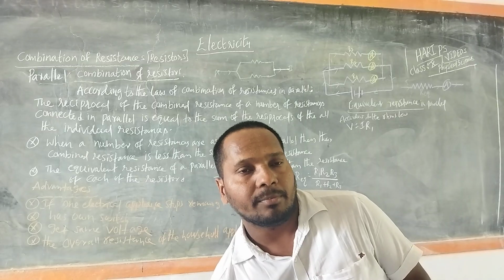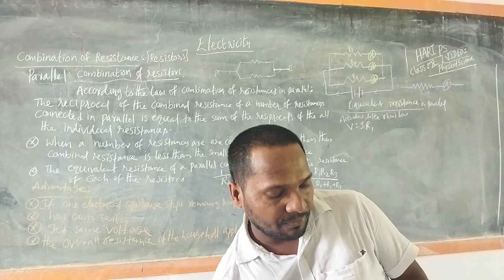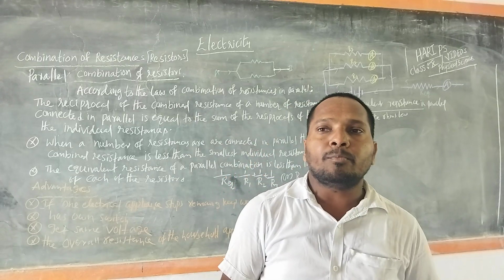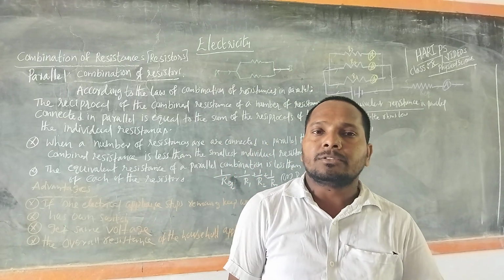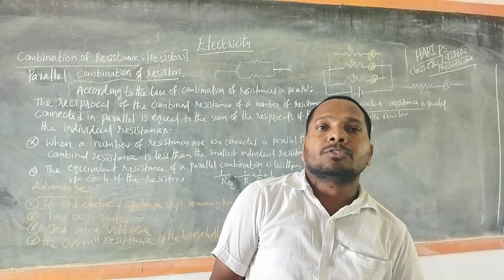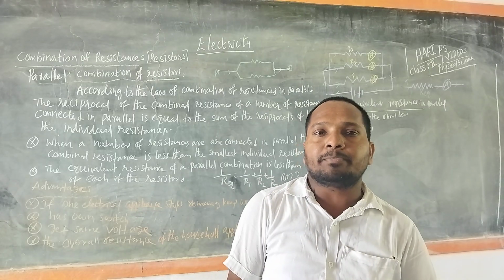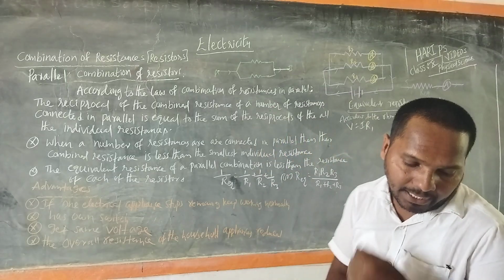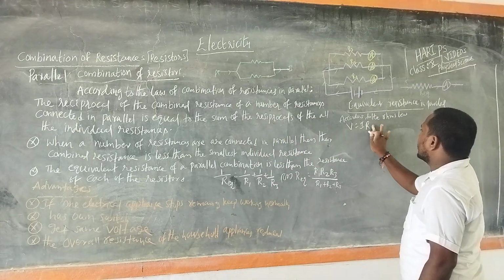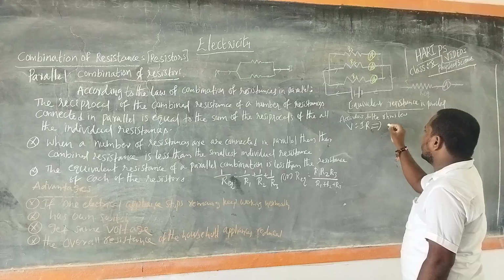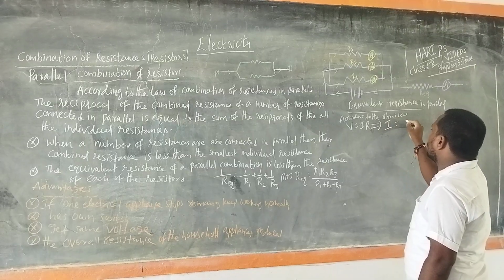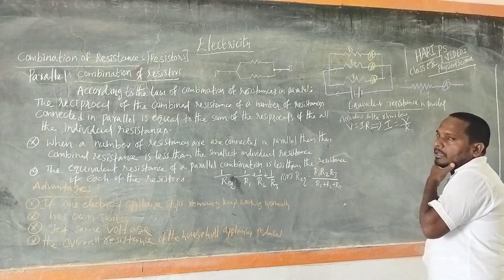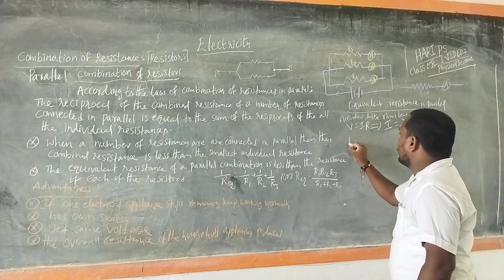Here, the current is different and the potential difference is the same. The same voltage is applied across all the resistances, so the amount of current passing through each is different. From Ohm's law, V is equal to IR, and from that we can write I is equal to V by R.